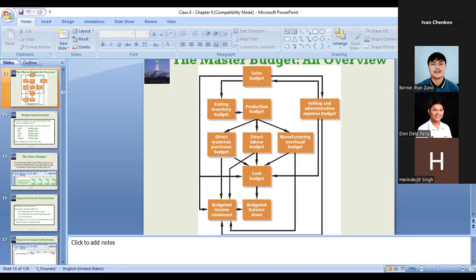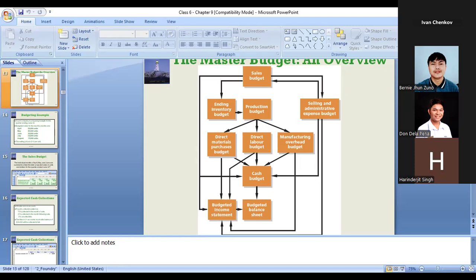So I'm obviously going to work with the Excel spreadsheet that's sitting for you in the Moodle, so you can see the whole process. We're going to start first with the sales, and we're going to keep going until the very end. So I'm going to use the slides interactively, and I'm going to use the Excel spreadsheet.